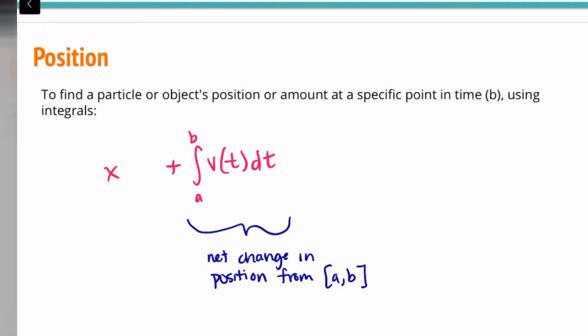So I'm going to use x of a for position. You could see it as s of a, x of a, f of a, all that kind of stuff. So this is going to be the location or the position at A. So if I know where it is at A and I add how much it's changed, that's going to give me the location of it at B.